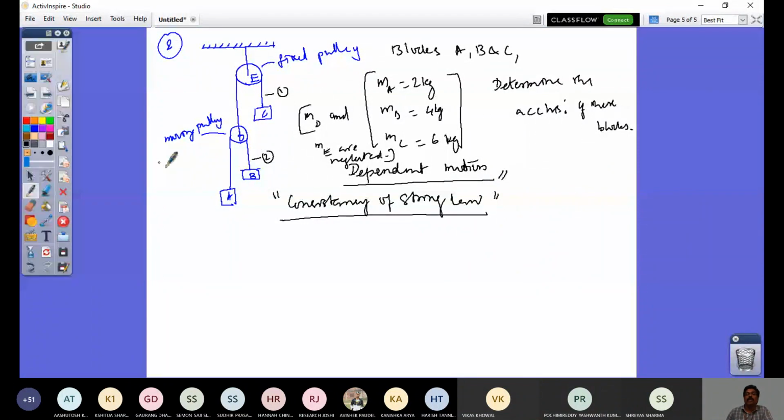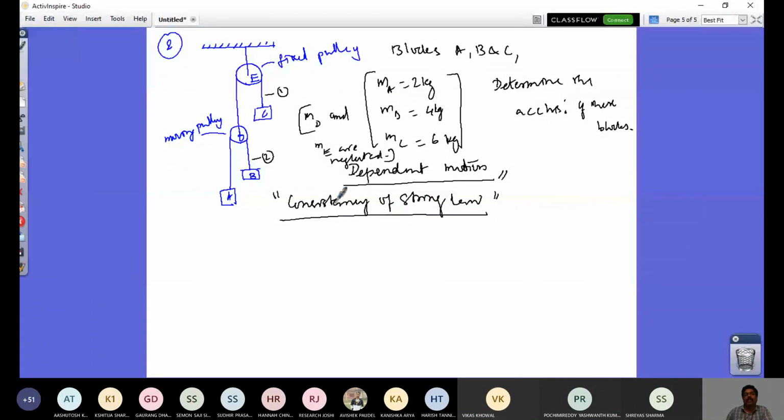Using this, I am going to generate some equations, in addition to the equations of these three blocks from applying Newton's law, in order to find the accelerations. The absolute acceleration of the blocks is asked: what are AA, AB and AC? This is all I should find out. For that I should have a reference point in the system.